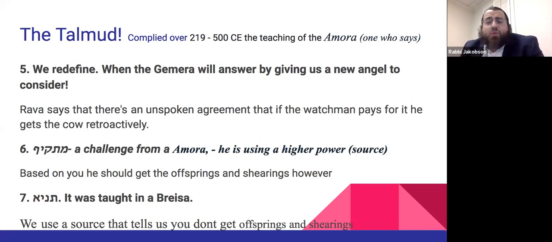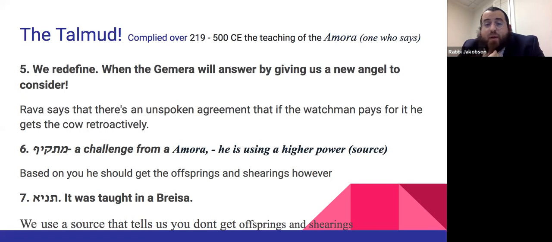Okay, so that's where we finished off last week, where Rava says our Mishnah is discussing the financial rights, but at the same time, you're getting the double from the person who stole it not just because you have the rights, but because he stole your cow.